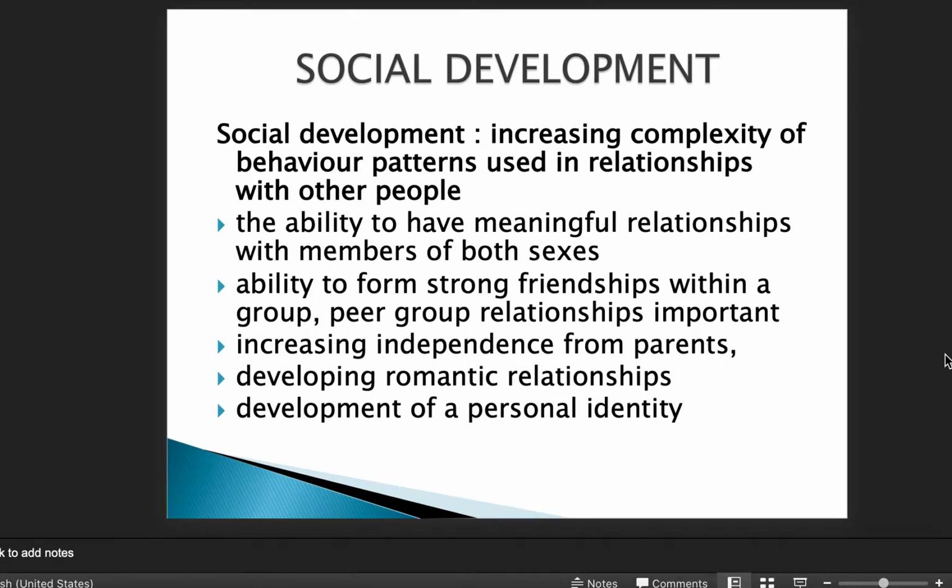In terms of social development, it becomes more complex. I know I mentioned that in the last presentation on Monday, but as you're dealing with people from different age groups now, not just similar gender and similar age, you're also dealing with people of the opposite sex.